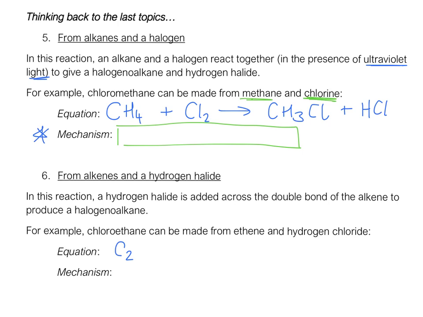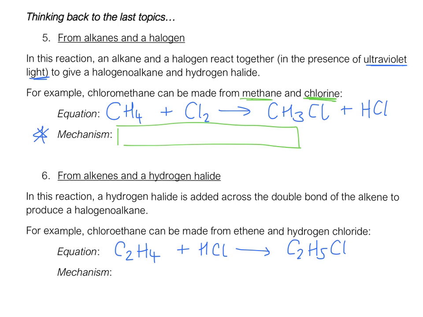So we've got ethene plus our hydrogen chloride, reacting to give us, it just adds across the double bond, and so it's C2H5Cl. Okay, and again, I want you to have a think about what the name of that mechanism is.